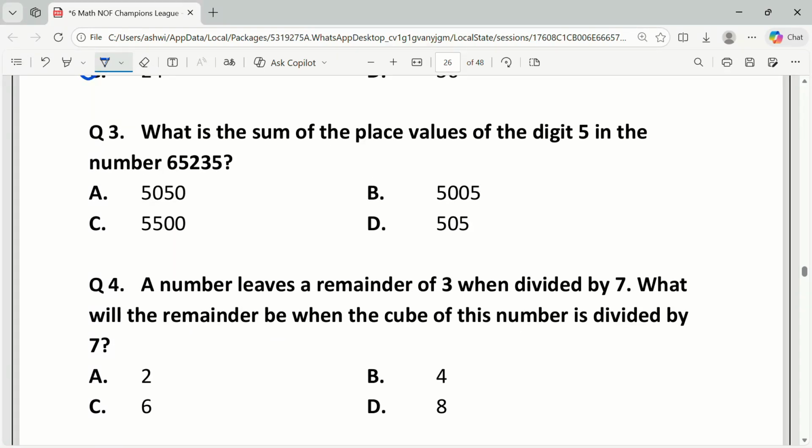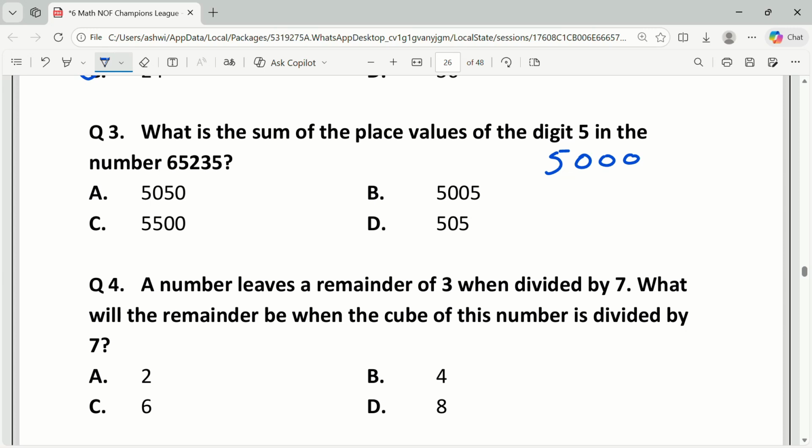Question 3. What is the sum of the place value of the digit 5 in the number 65,235? The first 5 is in the thousands place, so its place value is 5,000.